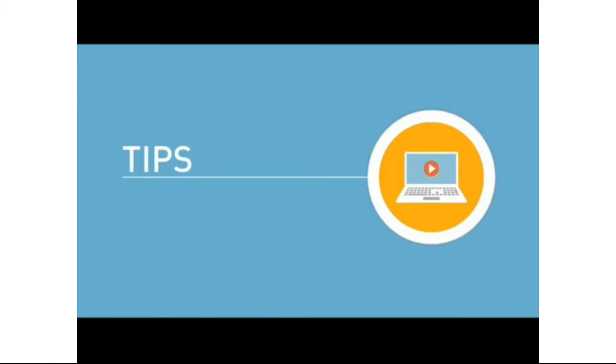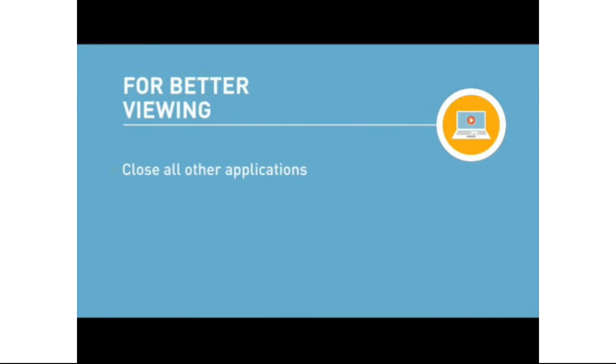Moss Adams is pleased to present another in our ongoing series of continuing professional education webcasts. Our presentation will start in a few moments. Before we begin, here are a few things to keep in mind. You can customize both how you view our presentation and how you interact with the presenter. For better viewing, close all other applications and turn up your speaker volume. You can also adjust window size and placement.